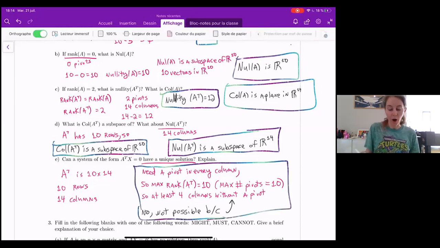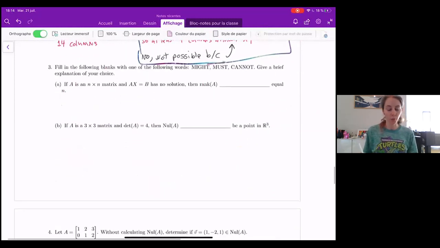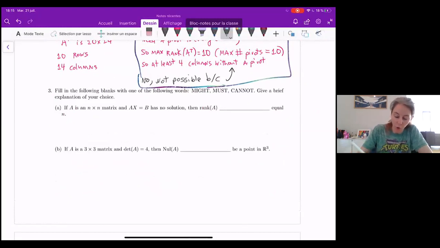Okay, now on to your favorite type of question: might, must, cannot. Well, we've only got 2 of them here. We're going to need to give a brief explanation. So if A is an n by n matrix, so we have a square matrix, and AX equals B has no solution. Well, what does it mean for AX equals B to have no solution? We should always start with the if, ignore everything that comes after, we're starting with the if.